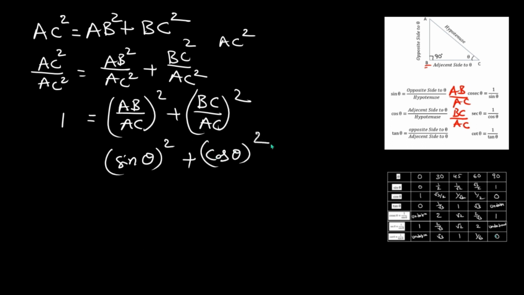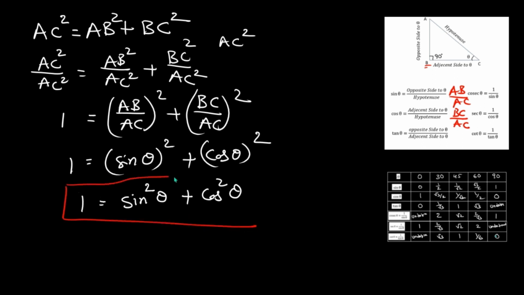In trigonometry, sine square theta means sine theta whole square, both are the same. So sine square theta plus cos square theta equals 1. This is one of the identities.